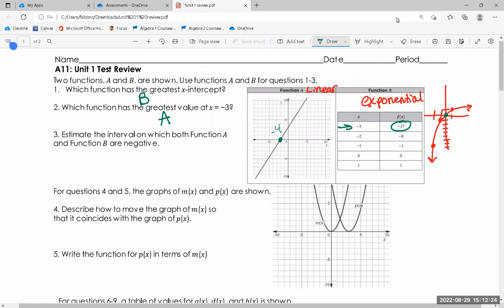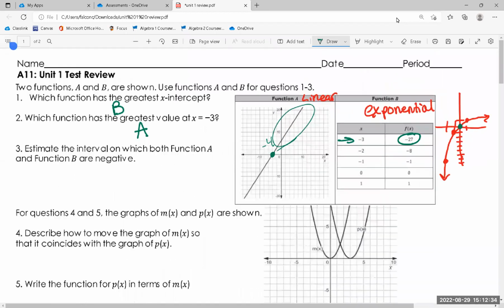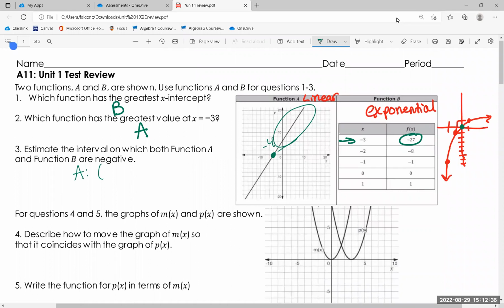That's where function A crosses. So function A is negative up until -4, right? And then we get positive y values. So for function A, it is negative from -infinity up until -4, right? We have all these negative x's up until that -4.